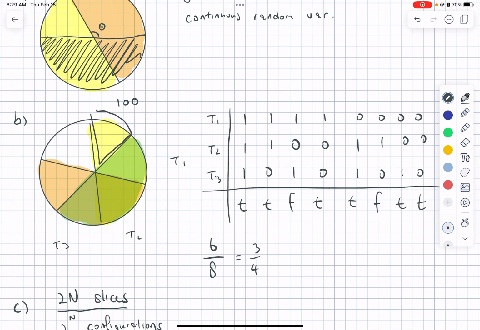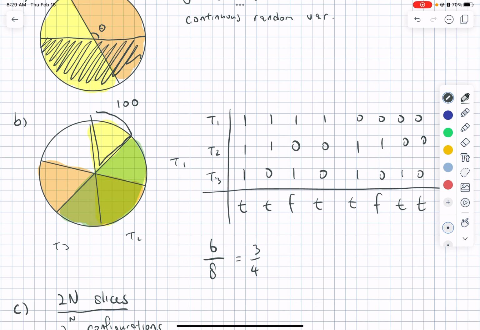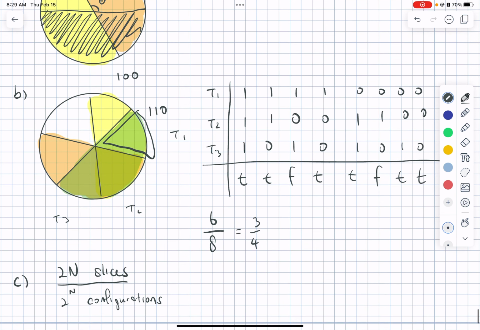If T1, T2, T3 are exactly 1, 0, 0, then this slice is covered by all 3 toppings. The next slice here is already covered by T1 and T2, so it's going to be 1, 1, and we need T3 to be flipped over, so 1, 1, 0. So we can see that for every slice, there's exactly 1 configuration of T1, T2, and T3, or the different toppings, such that it's covered by all of the toppings.